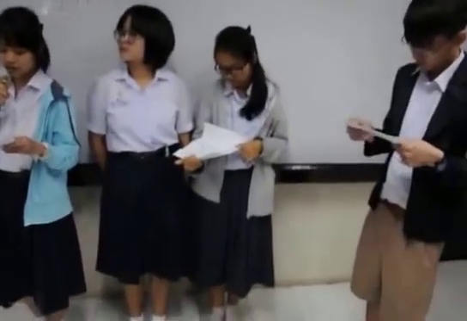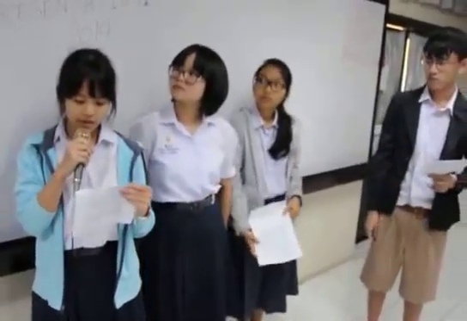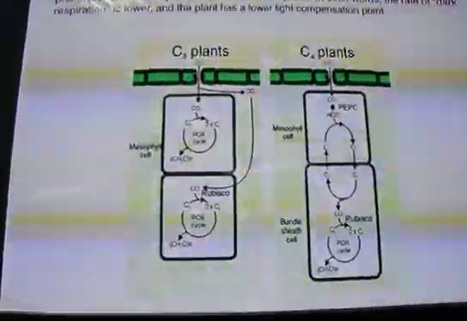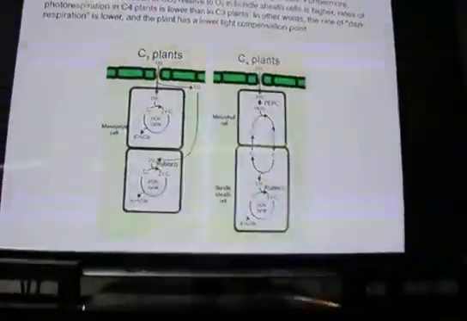Decarboxylation of malate, the release of carbon dioxide, creates a higher concentration of carbon dioxide in the bundle sheath cells than that found in photosynthetic cells of C3 plants. Carbon dioxide enrichment allows C4 plants to sustain higher rates of photosynthesis.